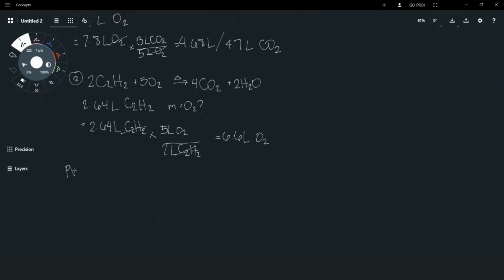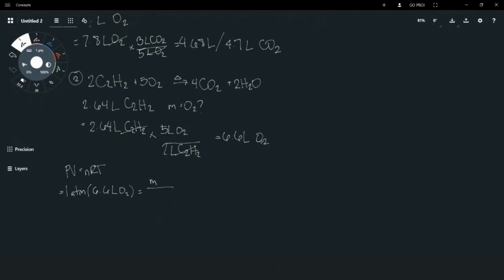Using the ideal gas equation of PV equals nRT, we have 1 atm at standard temperature and pressure multiplied by our value of 6.6 liters of oxygen gas, equals the number of moles, which will be mass over molar mass, since we're looking for mass.